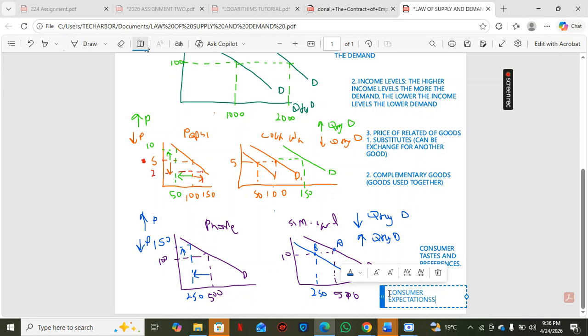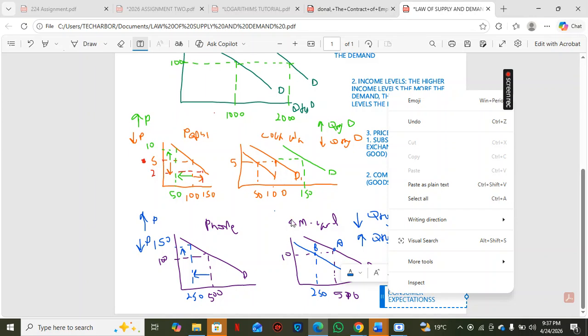If a doctor says a good is bad for your health, let's say chocolate, we tend to believe professionals. So we are going to buy less of that good because we hear the professional say that this good is bad for you.